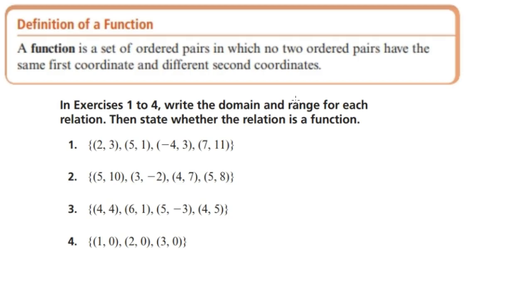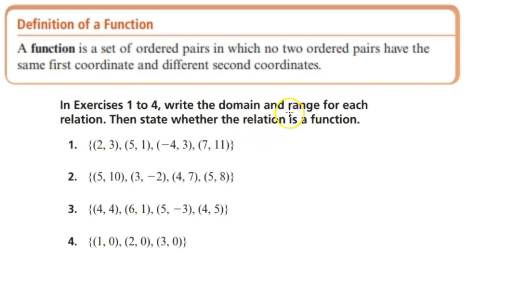So keep in mind, in the slide I define the domain and range for ordered pairs. It mentions that the domain of a function or a relation is the set of all first coordinates of the ordered pairs. This specific definition really helps when you're dealing with ordered pairs like this.